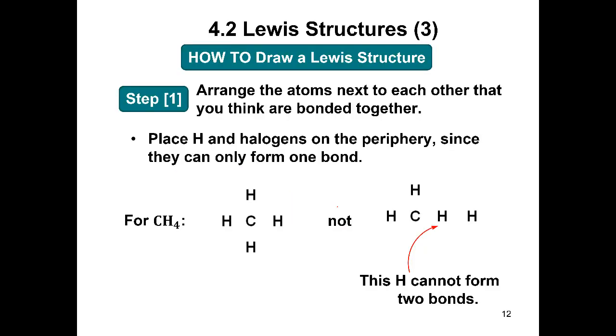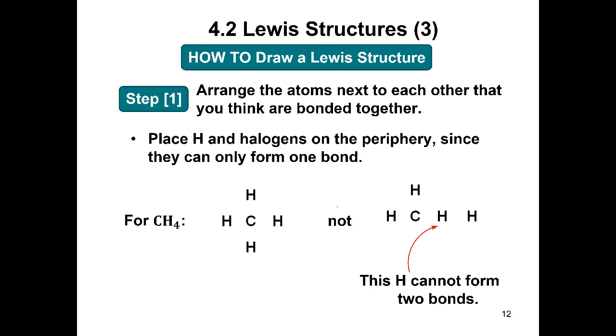So the first thing you do is arrange the atoms in the order that you think they would bond together. Remember that carbon is in group 4, and carbon can form 4 bonds. That's why it's so wonderful in making all of our organic molecules that are part of our body.